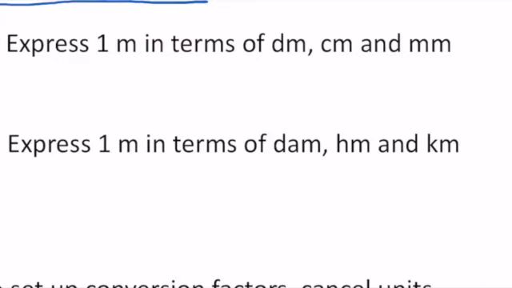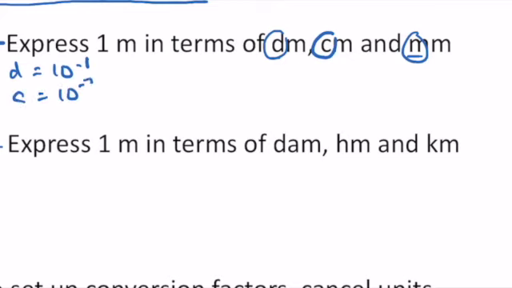When you see a problem that says express 1 meter in terms of dm, cm, and mm, these are metric prefixes. D is deci, that's 10 to the minus 1. C is centi, that's 10 to the minus 2. And lowercase m is milli, that's 10 to the minus 3.